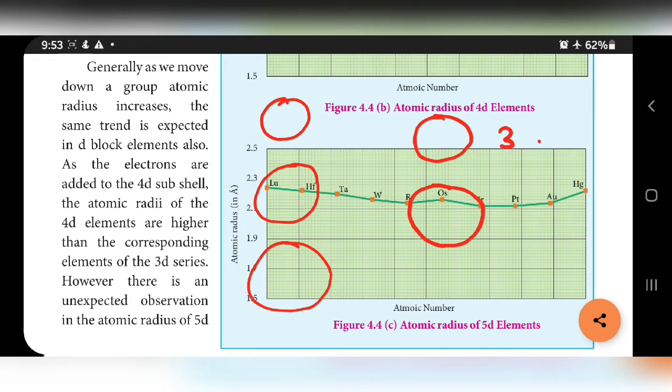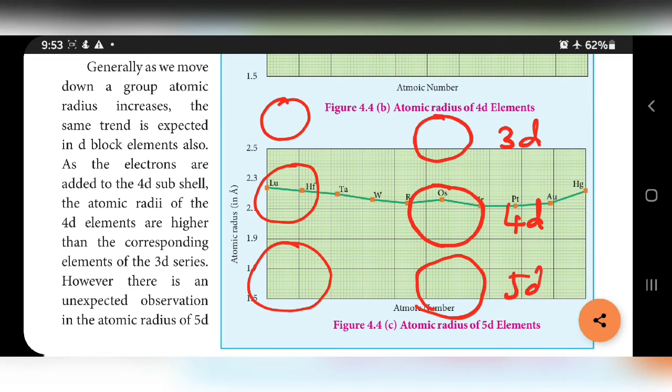This is the 3d series and this is the 4d series. As expected, size increases from top to bottom, but from 4d to 5d the size is nearly the same only.